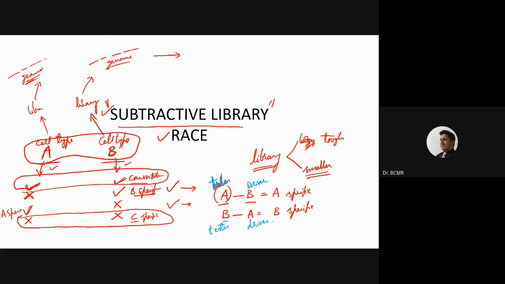Okay, so a subtractive library is based on subtracting one gene set from another cell type, so that you will get only a small set of A specific or B specific genes, and you will generate a library based on that. You will have only a very small library, and then you can work on those.